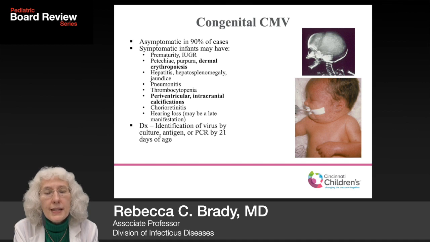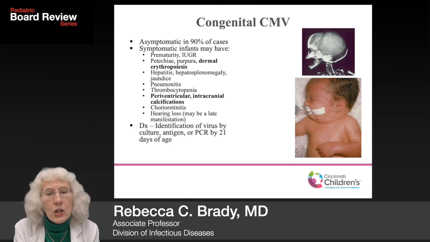They may have pneumonitis, thrombocytopenia. If you do a head ultrasound, the characteristic of congenital CMV is periventricular intracranial calcifications. If you think of CMV, there's a C and there's a V, and the V is the periventricular calcifications. They may have chorioretinitis. Hearing loss isn't always present at birth. It may be a late manifestation.